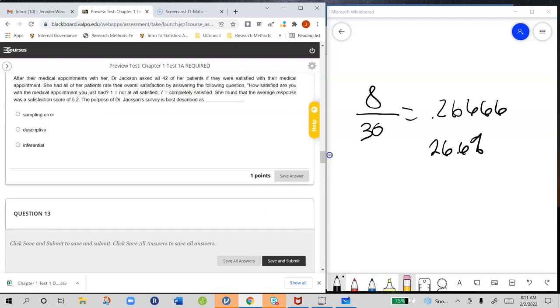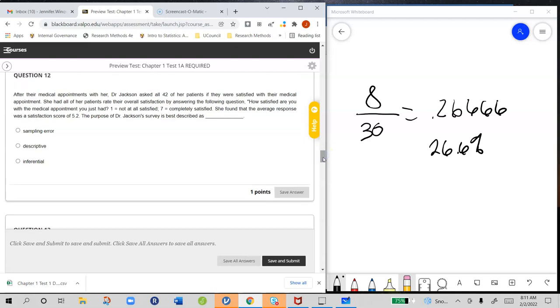All right, next we have number 12. Dr. Jackson has asked all 42 of her patients if they're satisfied with their medical appointment, and they rated on a 7-point scale, and she finds that the average response was 4.2. In this case, we're asking you the purpose of this survey, right? The purpose of the survey is never sampling error. It's either a descriptive or inferential purpose.